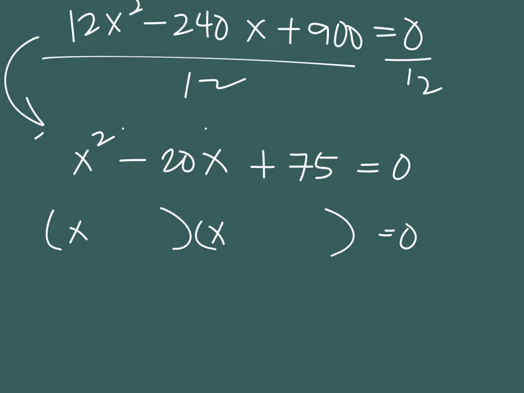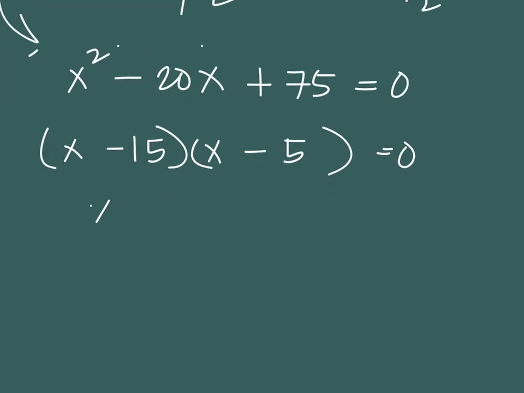When you add or subtract the numbers, it is 20. Negative 15, so minus 15 and minus 5. 5 times 15 is 75. Negative 15 and negative 5 is negative 20. So these are the factors. Okay. So x could be equal to 15 or x is equal to 5.